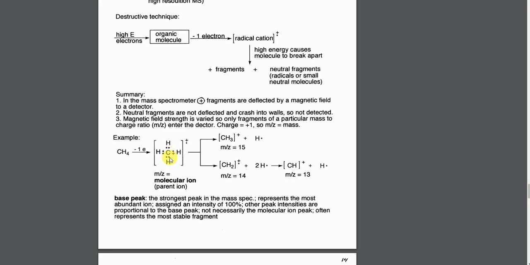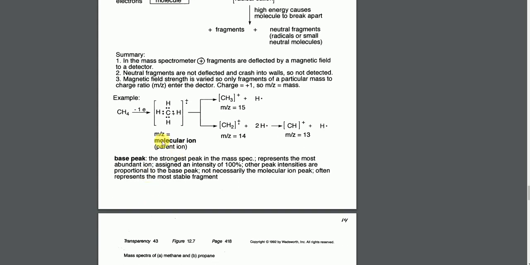After this point, more electrons will be shot in, and this will break up into more and more pieces, and so on and so forth until we have really nothing left. Now some terminology. The first electron that gets removed leaves a charged particle that will be read by the machine, and it reflects the actual weight of the whole molecule.